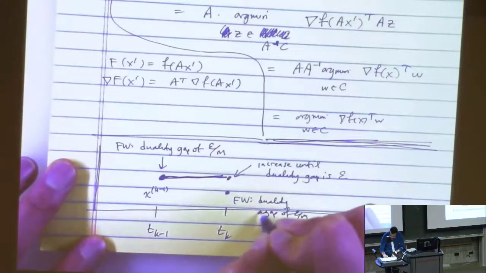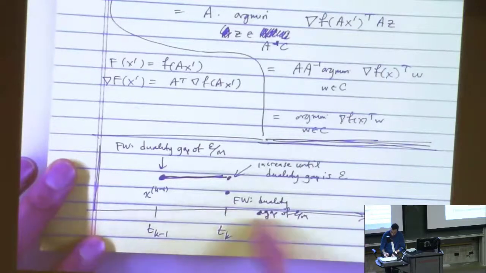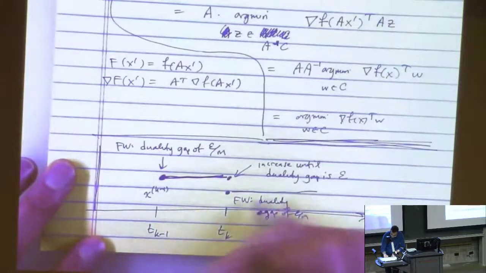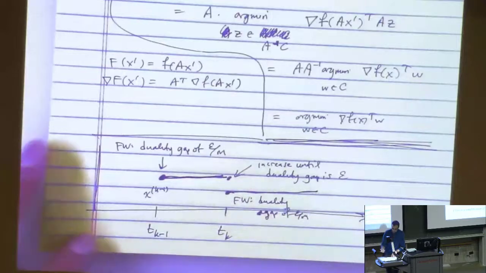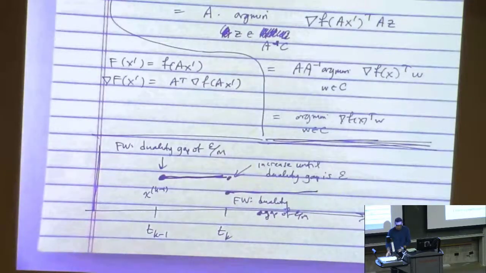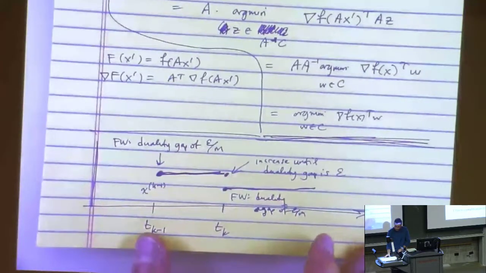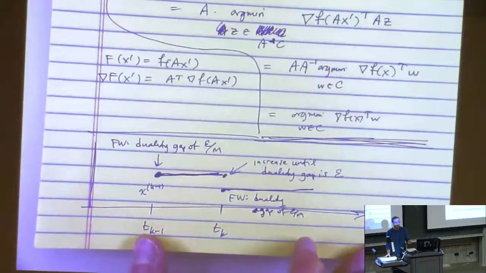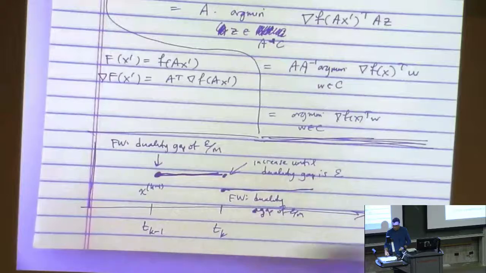I only stop it once I get this, and then I keep it constant again, etc., until I break the duality gap. So I think it's a fairly intuitive method, and it's only possible because of this nice duality gap that comes out, and the nice form of that duality gap, which in this parametric framework where we're increasing this parameter, t, ends up being a linear function of t once you write down what it is. So pretty cool path following method.